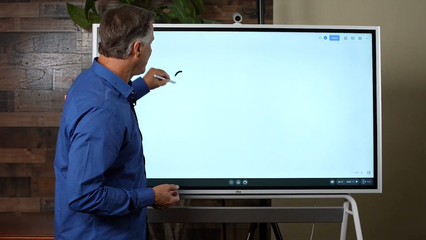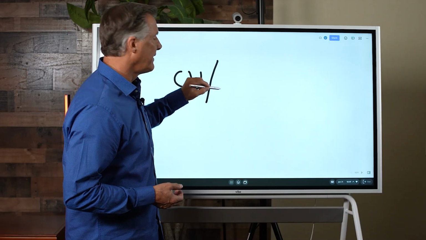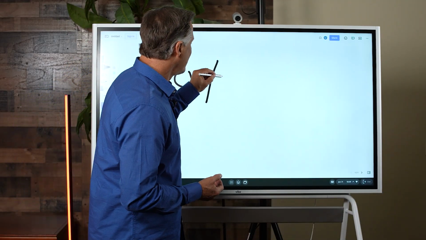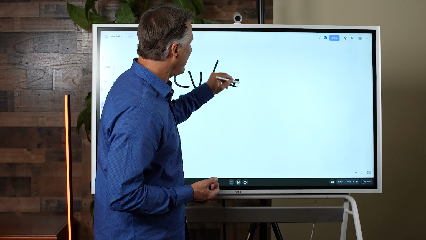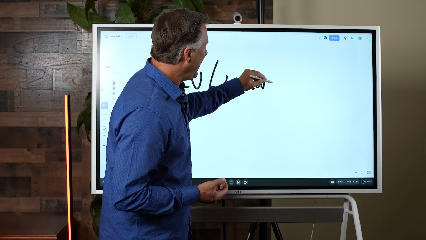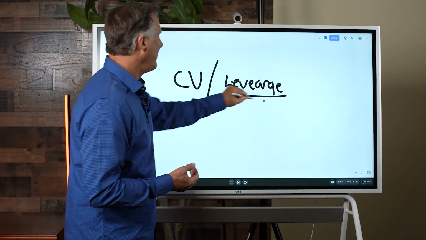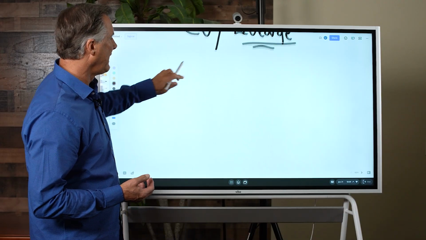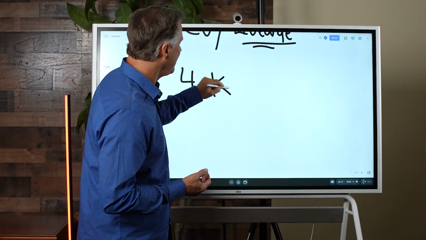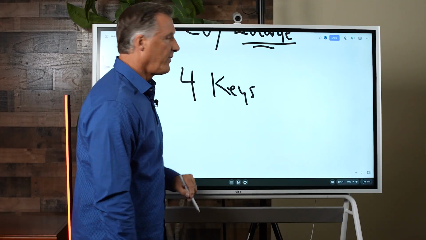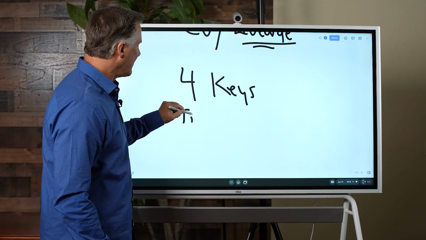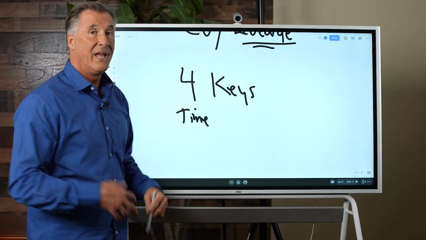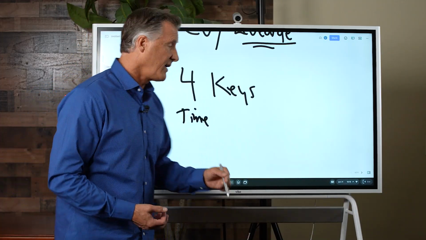The bottom line is, get that cash value built up as quickly as you can, and then start to use it as leverage. As you know from the videos and from my latest book, The 4 Keys to Building Wealth, we talk a lot about time, meaning how much time do you have to keep your money growing.